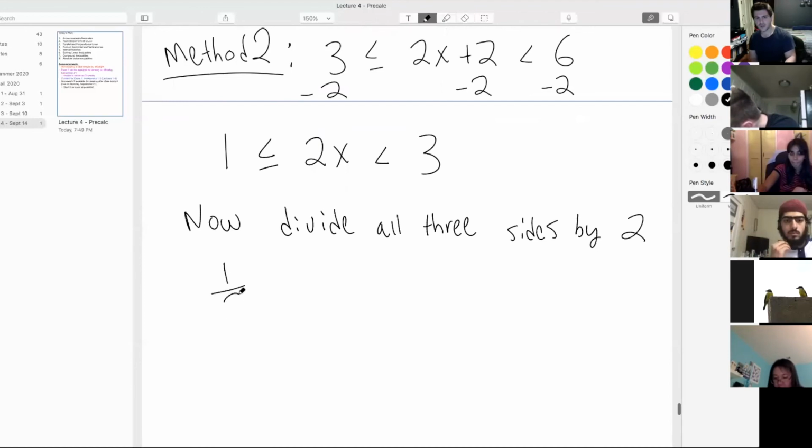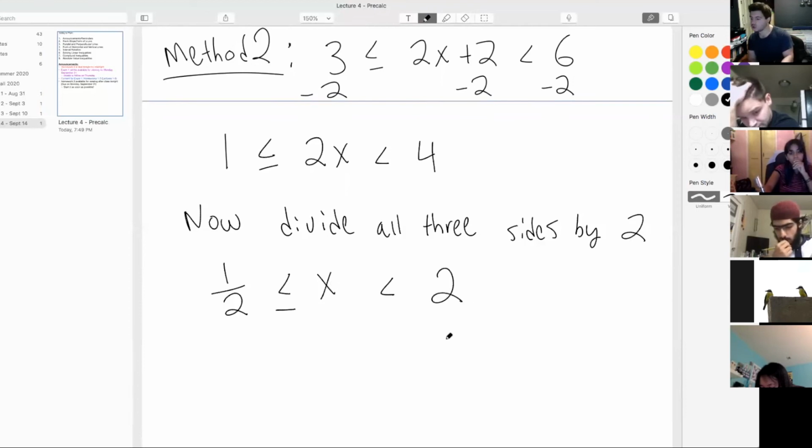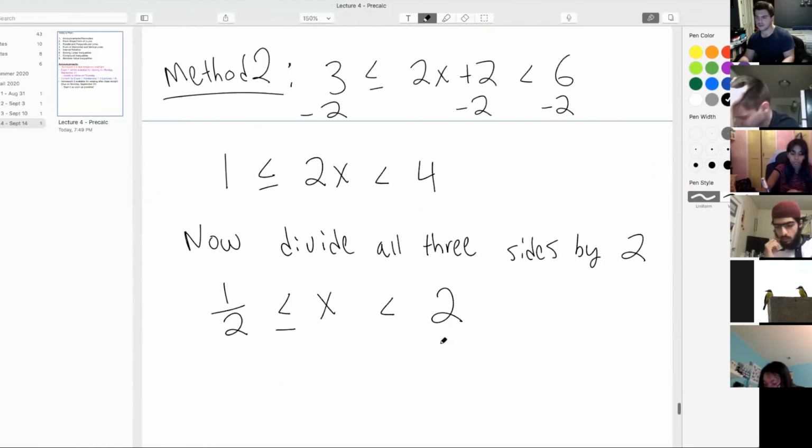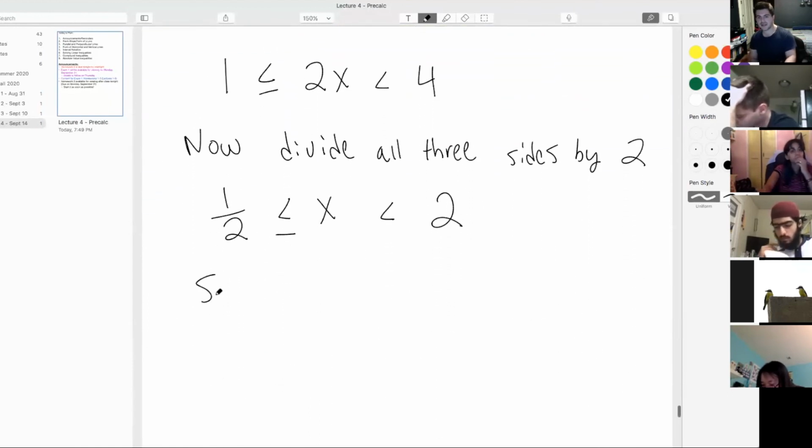So you get 1/2 is less than, oh, sorry, this should be 4 on the right side. So 1/2 is less than or equal to x, which is less than or equal to 2. And this is the same answer as method 1.